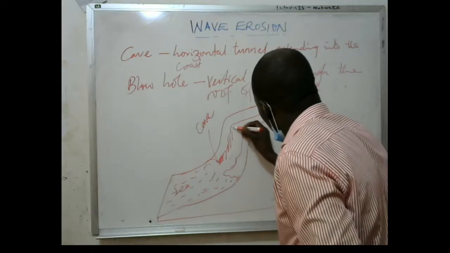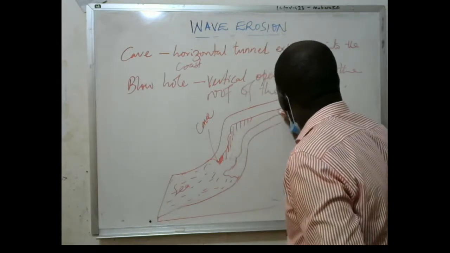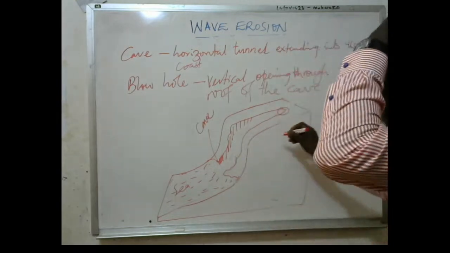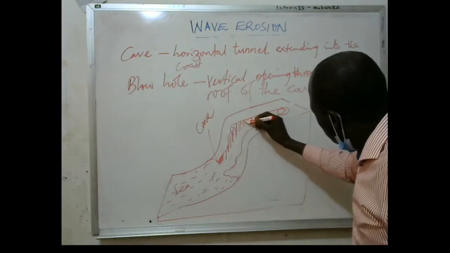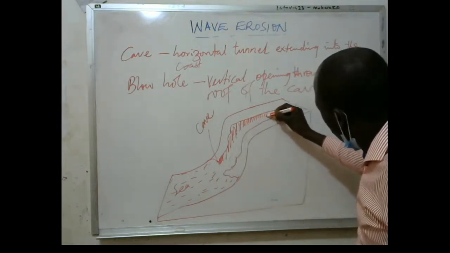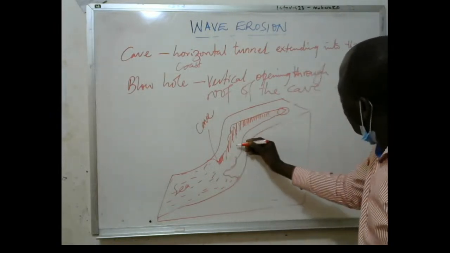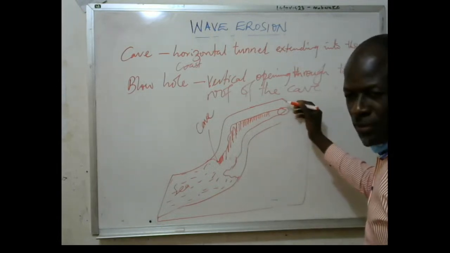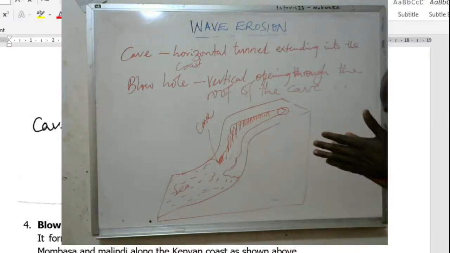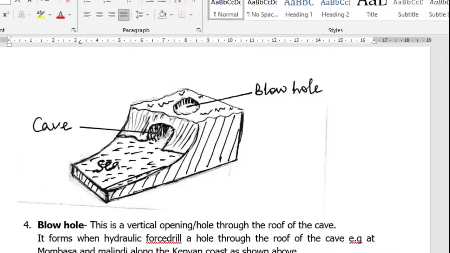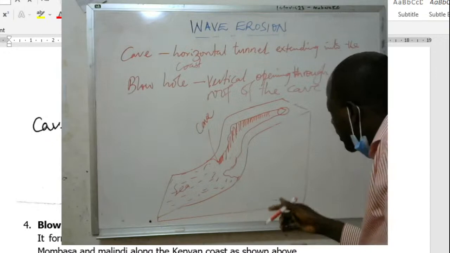So assuming we had the blowhole there, and this was the cave opening, we eventually get this. This was the former extent of the cave. When the roof of that cave collapses, this area becomes open, so we shall have a narrow, steep-sided sea inlet into the coast.